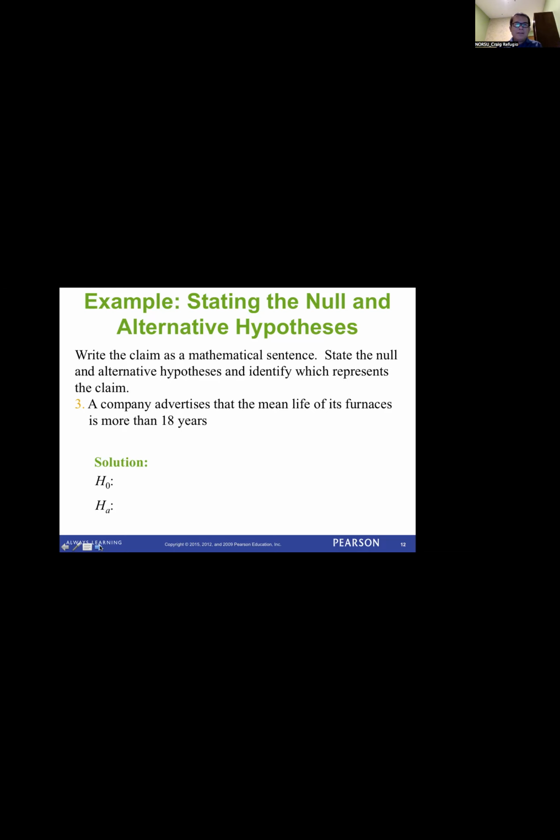Once you have identified H0 and HA, you're going to identify the claim. That's for everyone. So write your answer on a piece of paper. Write first the problem, and then write H0 and HA and identify the claim.